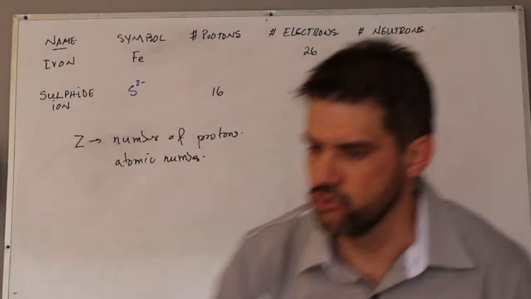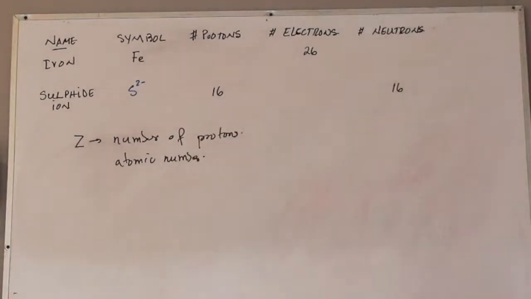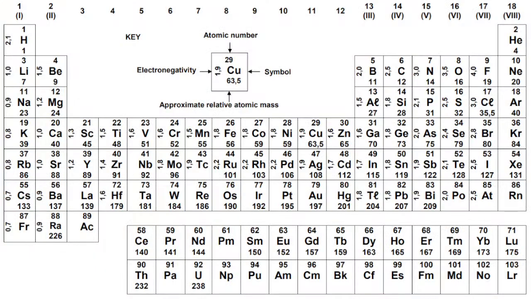All you have to do is to go to your periodic table, which I'm going to show you in a second. There is the periodic table, and then those atomic numbers that you can see, the number on top in this periodic table, so it's 1, 2, 3, and so on. That is the atomic number. And guys, that is what we call number of protons.